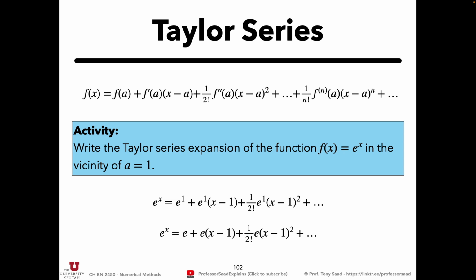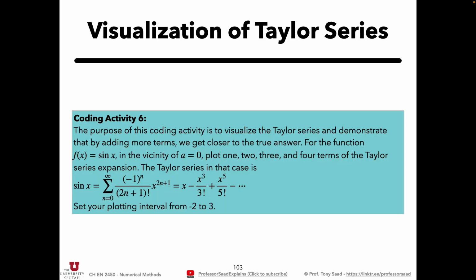The Taylor series, in its glory and all of its infinite terms, is an exact answer to the function. But if we truncate it, it's going to be an approximation. So how well does this approximation look like? We can visualize it. So here's our coding activity.